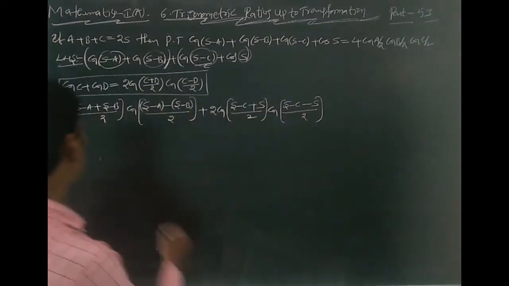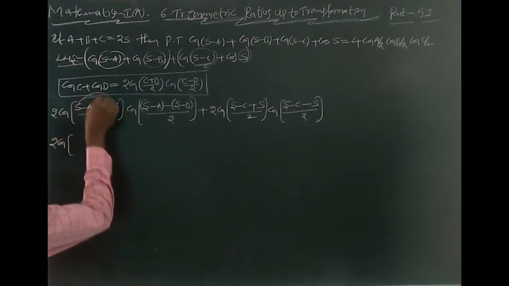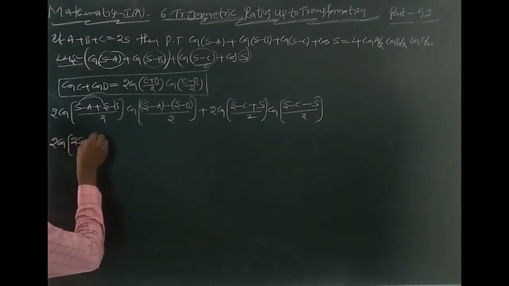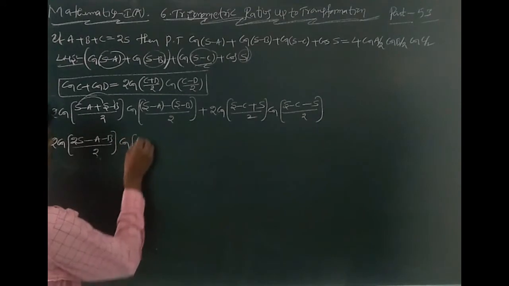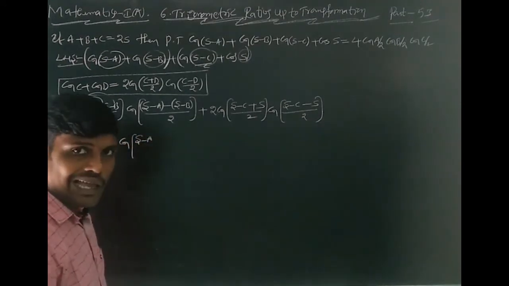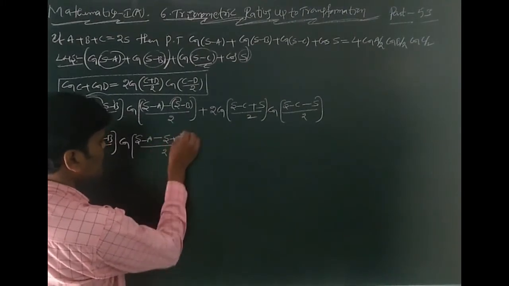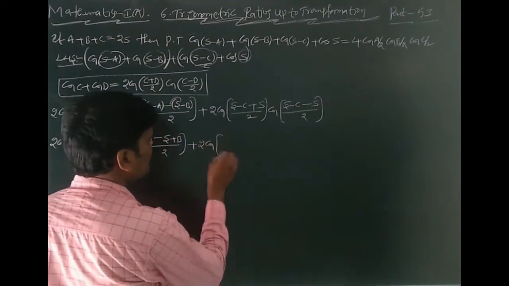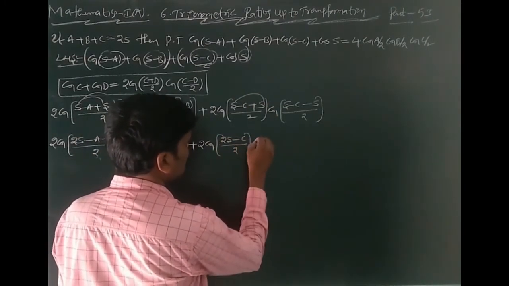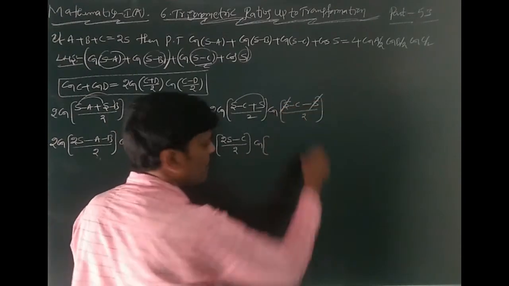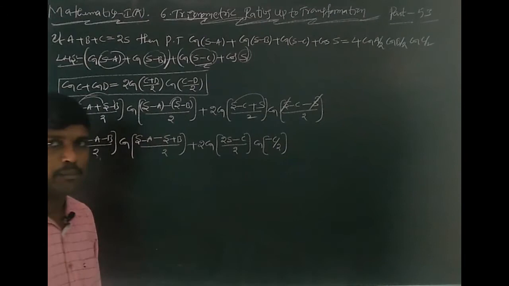After that, you get 2 cos of (2s minus a minus b) by 2 into cos of (s minus a minus s plus b) by 2, plus 2 cos of (s plus s minus c) by 2 into cos of (s minus c minus s) by 2. Here s minus s gets cancelled to give cos of minus c by 2.